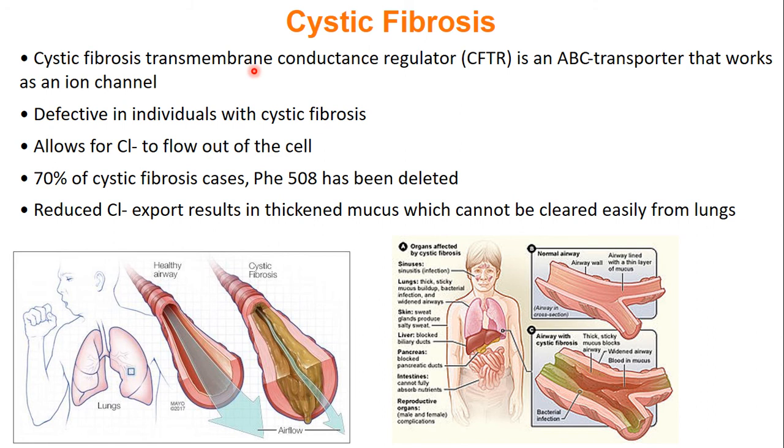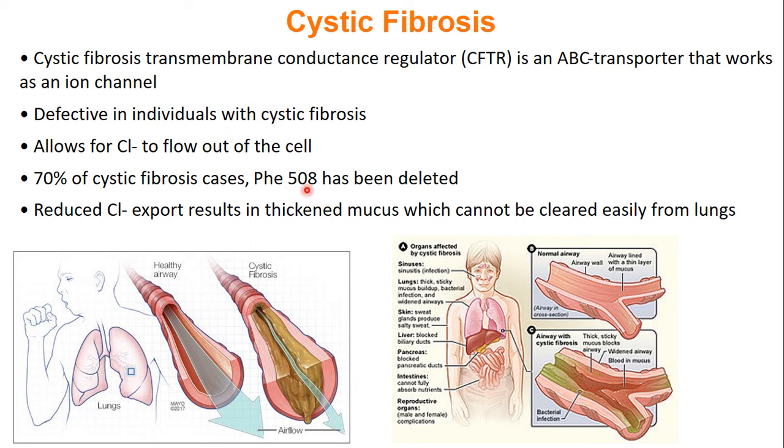Now, one type of ABC transporter that is associated with a disease, and the disease is cystic fibrosis, and that's CFTR. If you don't have working CFTR, you have cystic fibrosis. Basically, chlorine flows out of the cell because of a working CFTR, but exactly one amino acid has been deleted.